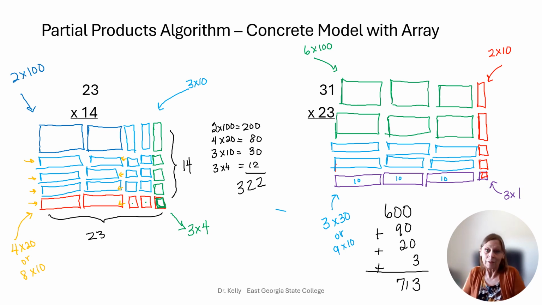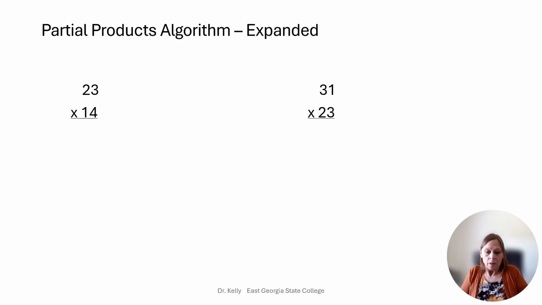I think it's cool. Anyway, let's keep on going. Partial products algorithm, the expanded version. Remember, we're trying to get to that normal algorithm where we start on the right-hand side and we carry just the way that we've been doing multiplication a long time.